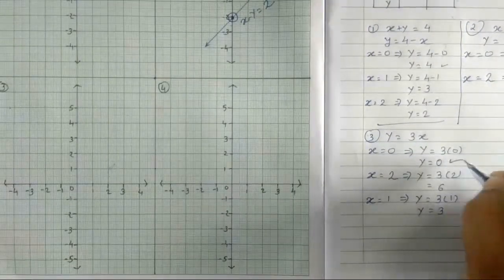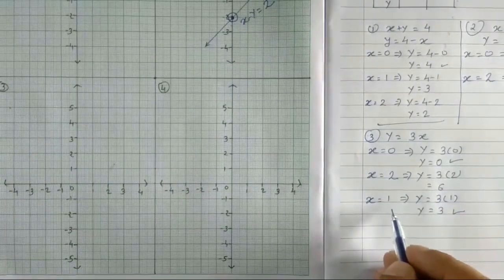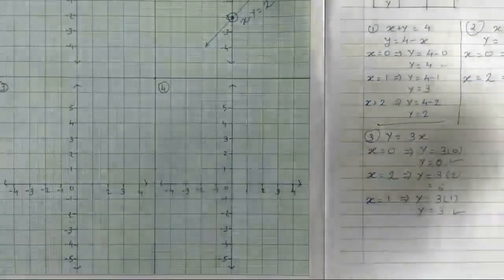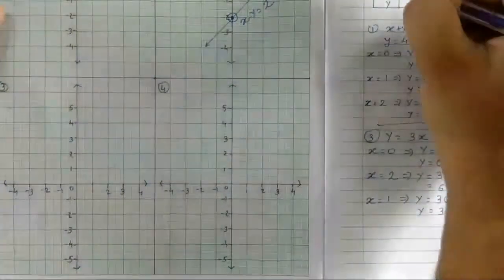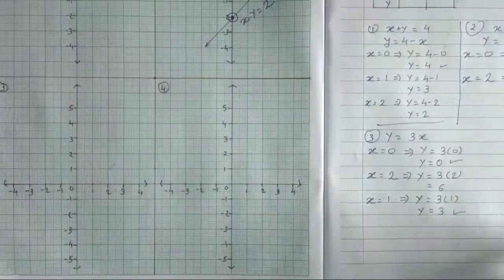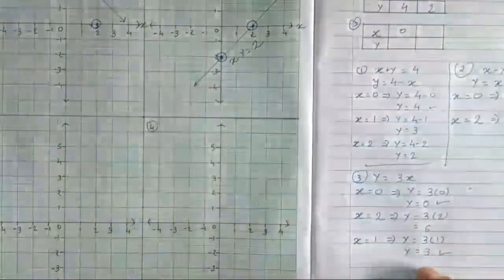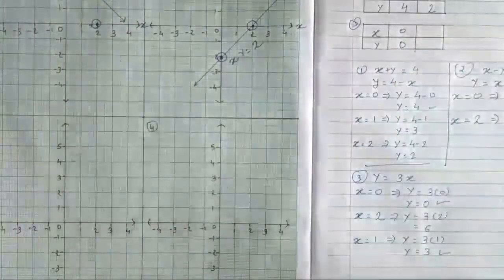So I will take our two coordinates, x is equal to 0 and x is equal to 1. Write down the third one: when x is equal to 0, at that time the value of y is equal to 0.